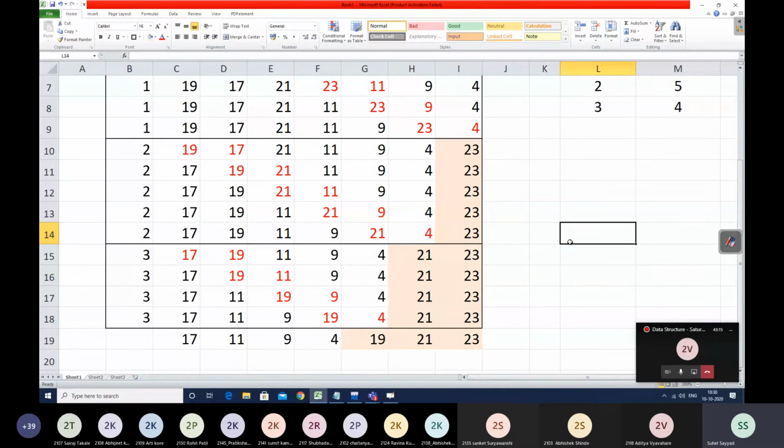Suppose there are a total of 6 iterations, but after the fourth iteration I see that I am getting my answer. The problem doesn't get solved there. You have to continue for n-1 iterations.